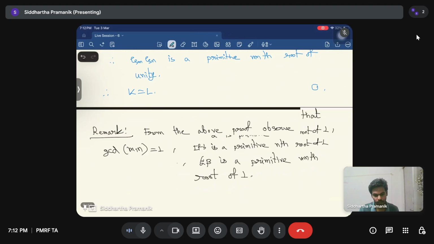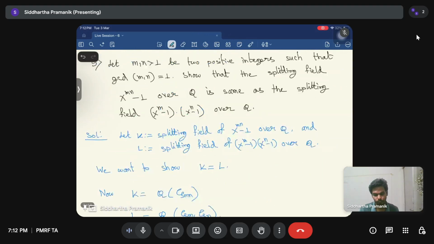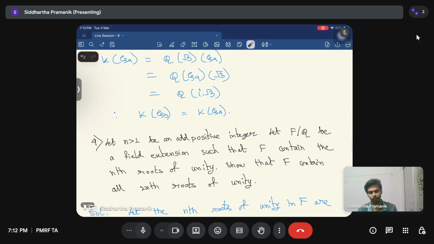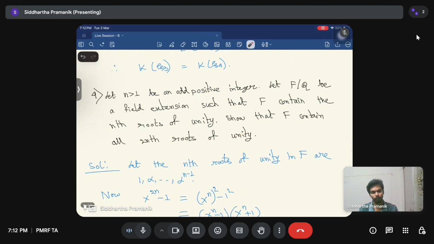So in particular, using this problem, you can prove the previous one, right? Because there we are talking about: if F contains an nth root, then F will contain a 2nth root. So if F contains an nth root alpha where n is odd, then a primitive 2nth root will be the product of alpha with minus 1.